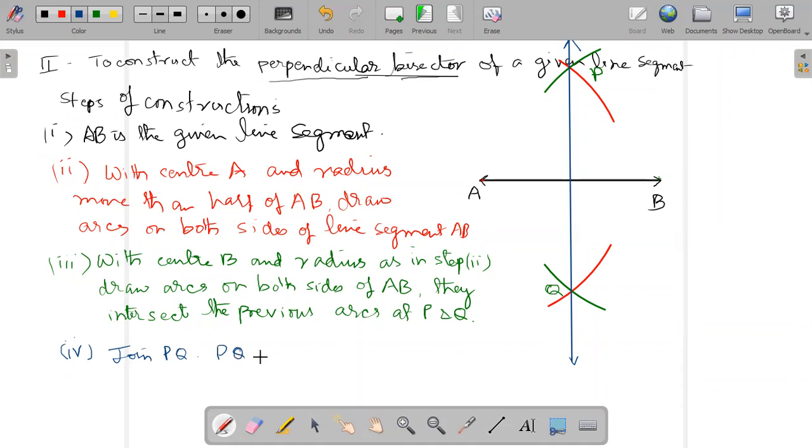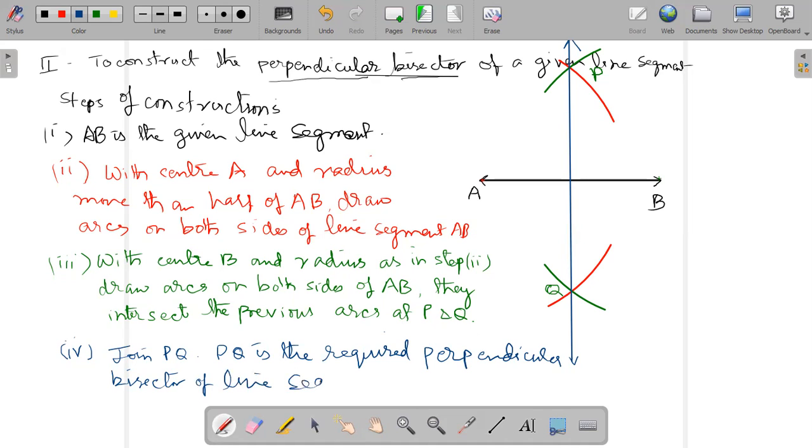PQ is the required perpendicular bisector of line segment AB.